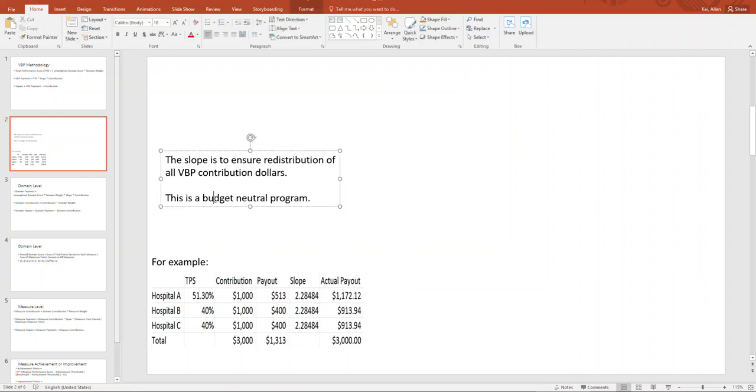That is what the incentive payment means for this program. Again, if you have a higher performance score compared with other hospitals, you are very likely to get more than what you pay to this program. But if you are not performing very well, you will probably get paid less than what you pay to this program.